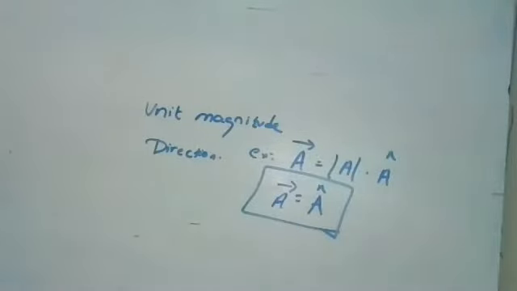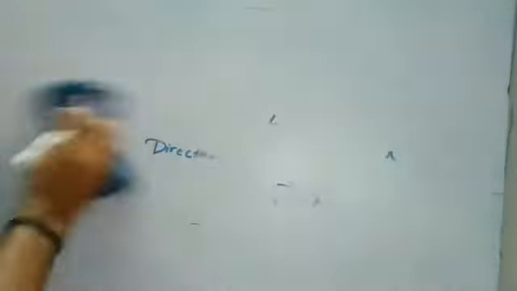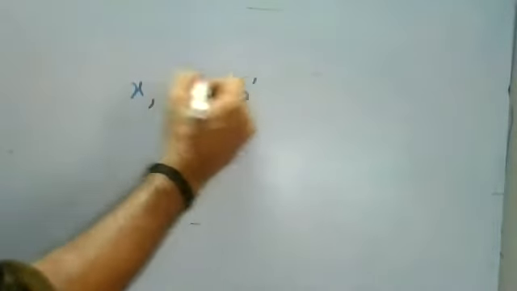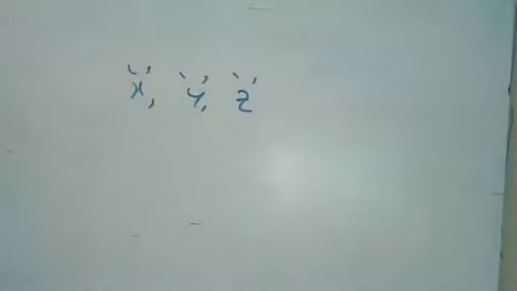Next one, orthogonal unit vector. Is it clear? Super. Remember, when we are discussing the axes, x axis, y axis, z axis, under orthogonal unit vectors we convert the x, y, z axes in terms of directions.